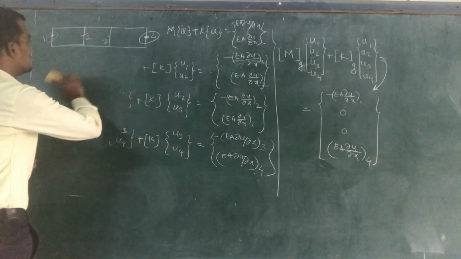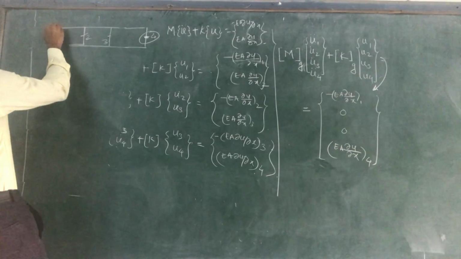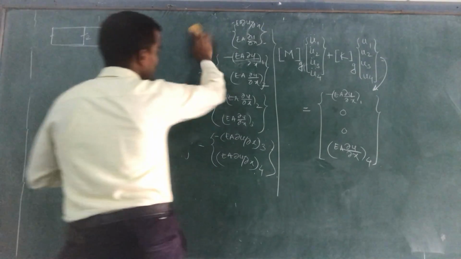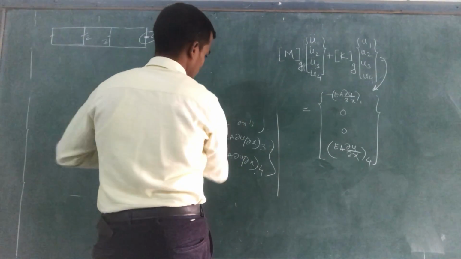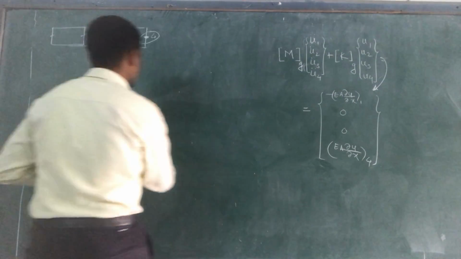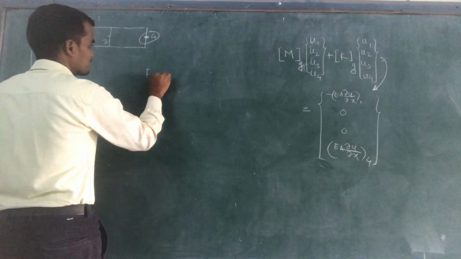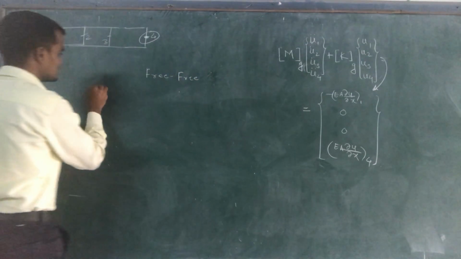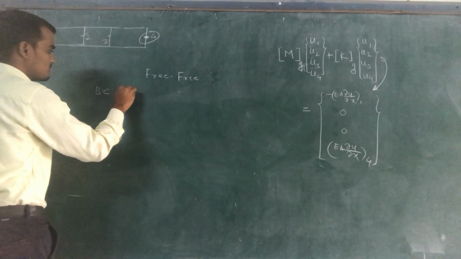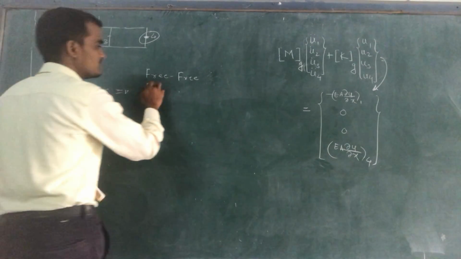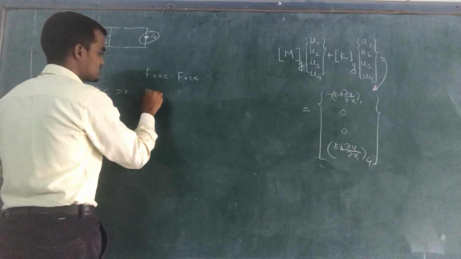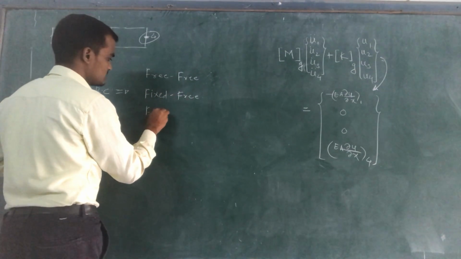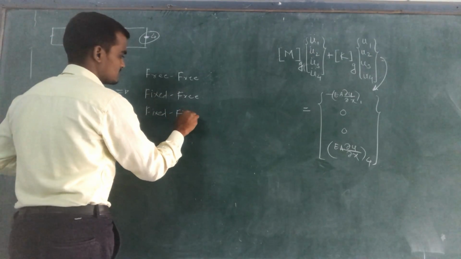Now which types of boundary conditions are there? There are generally three types of boundary conditions which can be applied in vibration problems. First one is free boundary condition, then fixed-free boundary condition, and third one is fixed boundary condition.